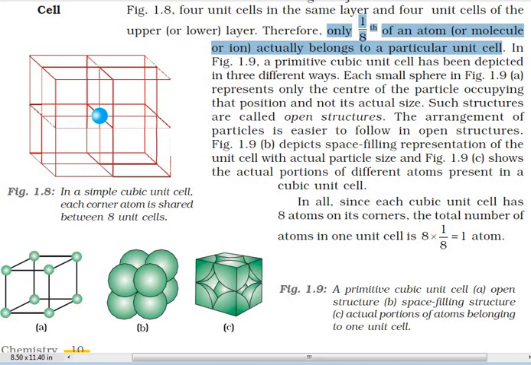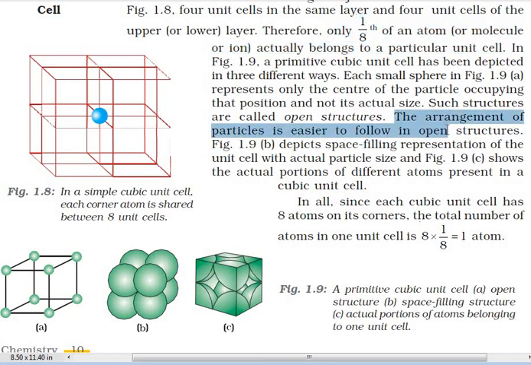So this figure C is actually the portion of an atom belonging to the 1 unit cell, which is the 1/8 part of the original atom which is occupied at that particular corner. So the arrangement of the particles is easier to follow in the open structure, and that is depicted in the space filling representation of the unit cell, which is actual size.